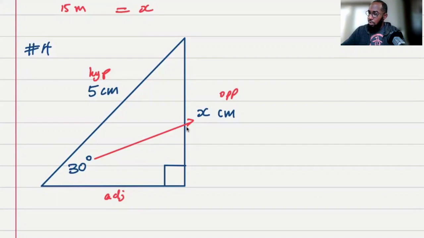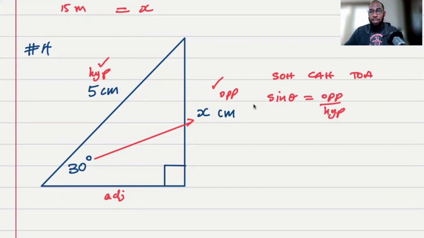Nice, SOH CAH TOA. We want hypotenuse and opposite, so sine theta is opposite over hypotenuse, since we have O and H here.